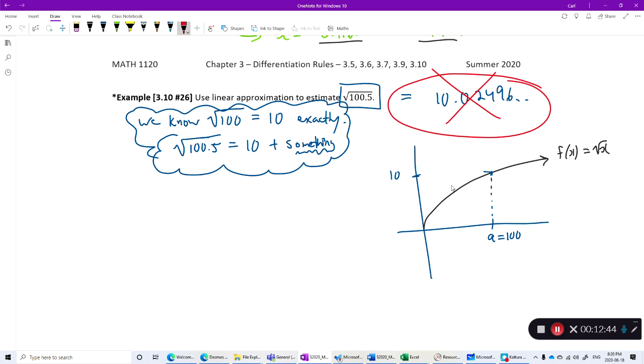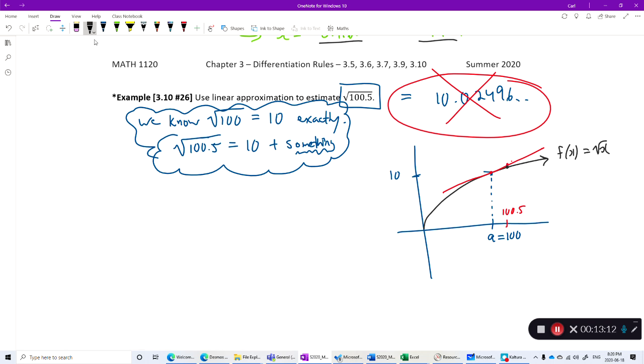So we're going to follow the tangent line until we get to this point, which is 100.5. And whatever the y value is there, that'll be close to the true y value, right? You can barely see the gap in between them.